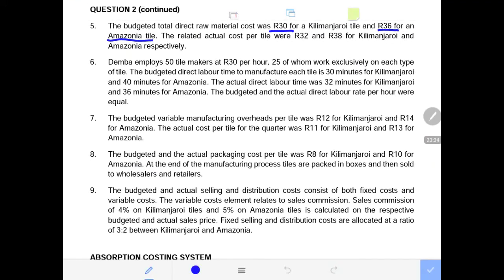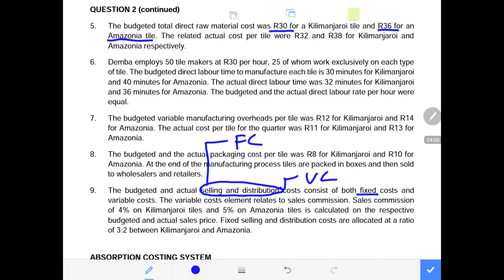We are told that the budgeted and the actual selling price costs consist of both fixed and variable cost. I did mention that our selling and distribution is a mixed cost. There is a fixed component and there is a variable component. The variable cost component relates to the sales commission.